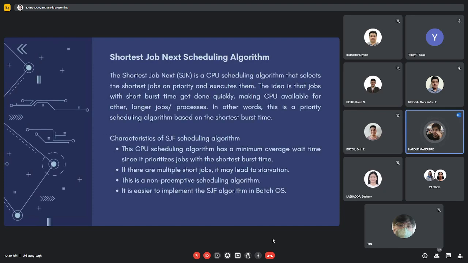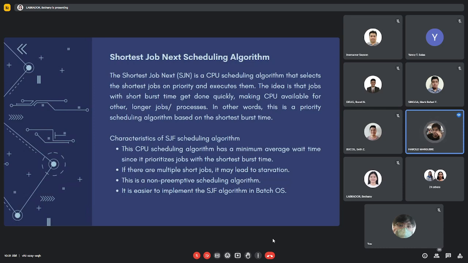So the next topic is the shortest job next, also known as the shortest job first scheduling algorithm. The shortest job next, or SJN, is a CPU scheduling algorithm that selects the shortest job on priority and executes it.